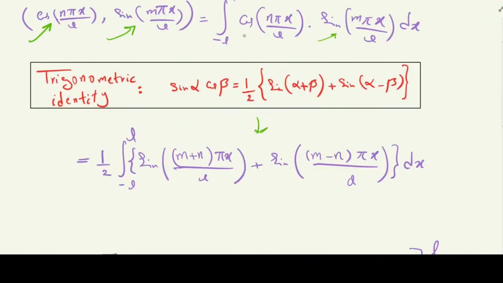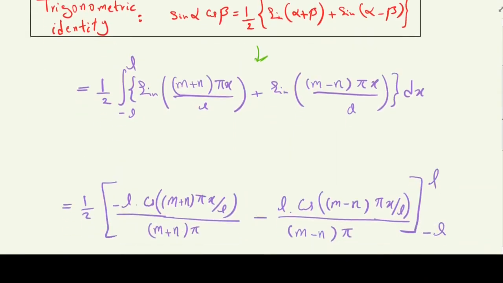We can rewrite this cosine times sine function as sine of the addition of these two arguments, which is going to be n plus m times the rest, pi x over L, plus sine of alpha minus beta. So it's going to be m minus n times the rest, which is pi x over L. And we also have a factor of half here, which shows up outside of the integral, and the integral is going to be from minus L to L.